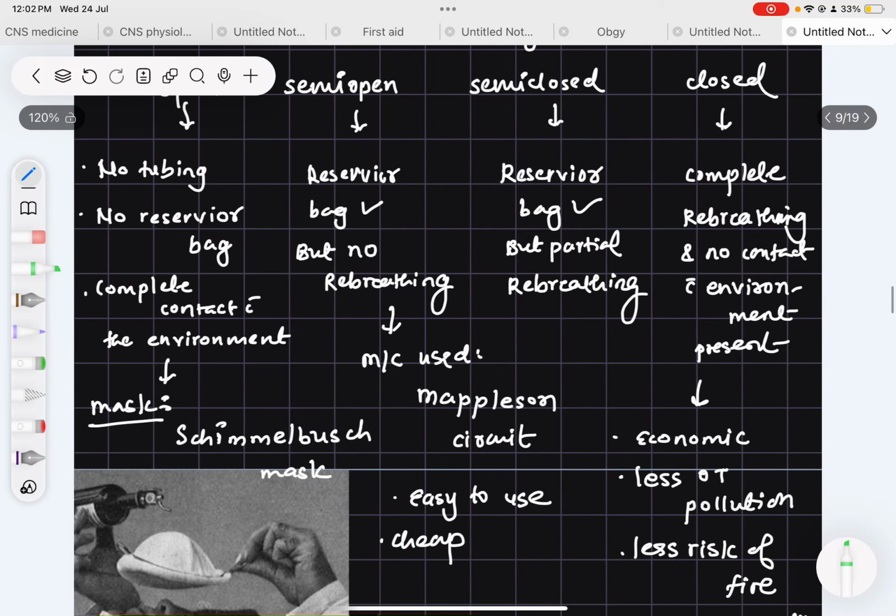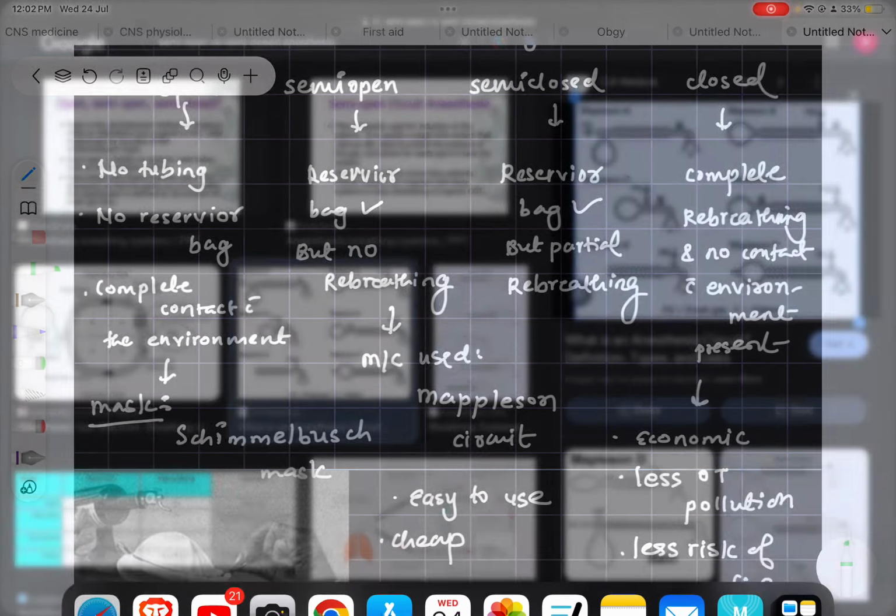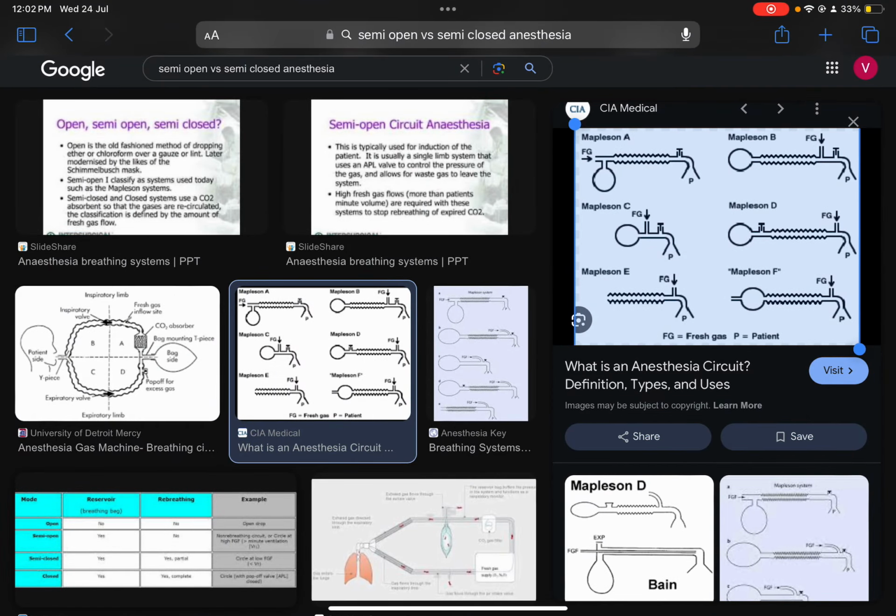Now the semi-open and semi-closed both have a reservoir bag, but in the semi-open method there will be no rebreathing, and in the semi-closed method there will be partial rebreathing. What is the use of this reservoir bag? There are various uses for the reservoir bag, let's see.